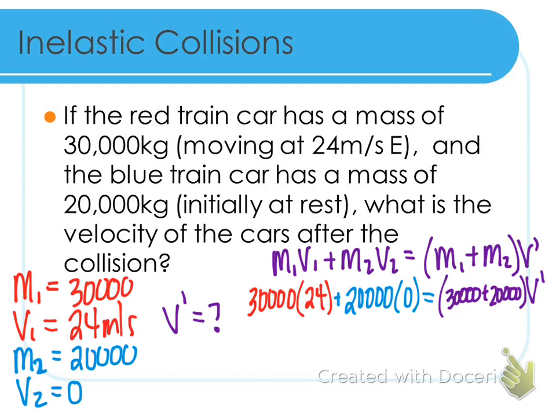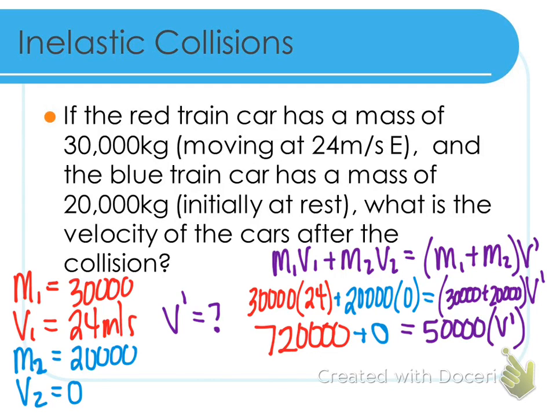All right, so 30,000 times 24 gives us 720,000. And this is plus 0, right? Our blue car had 0 momentum to begin with. And that gives us 50,000 times v prime. Okay, so we can drop that term there.